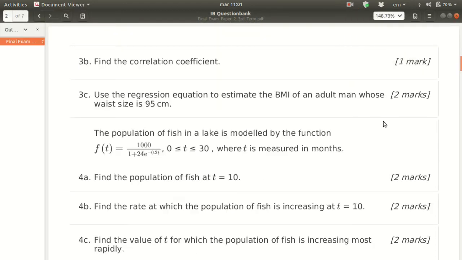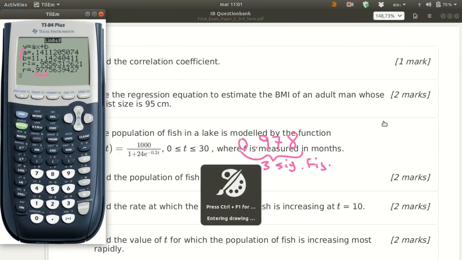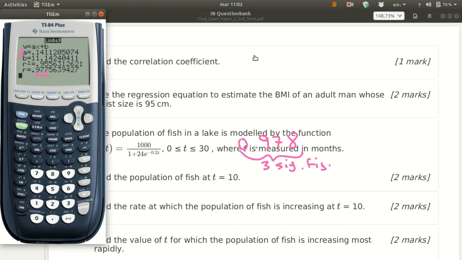Okay, use the regression equation to estimate the body mass index of an adult man whose waist size is 95 centimeters. So, of course, all you have to do is take your equation and evaluate at 95. And we have the values of A and B. Okay, so this is one way to do it.